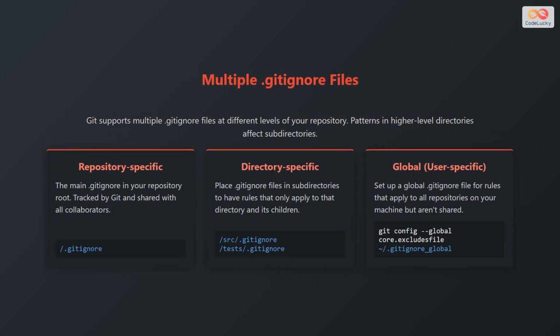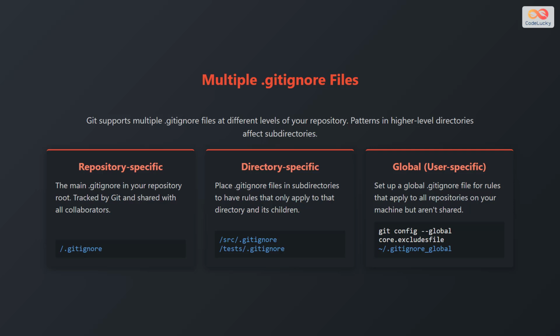Git supports multiple .gitignore files at different levels of your repository. Patterns in higher-level directories affect subdirectories. The main .gitignore file is located in your repository root, is tracked by Git, and is shared with all collaborators. You can also place .gitignore files in subdirectories to have rules that only apply to that directory and its children.